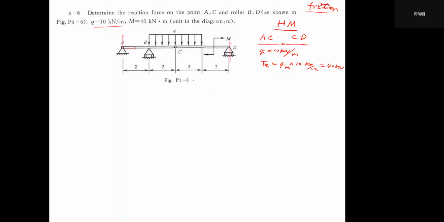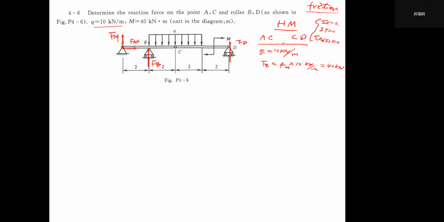You see, I did some preparation before our class today started, right? So we can give FAY, FAX, and FD here, just according to the constraints. If we select these two parts as a whole object to be studied, we only have three equations, because for a plane force system, we have sigma x equals 0, sigma y equals 0, and a moment equation about some point equals 0.